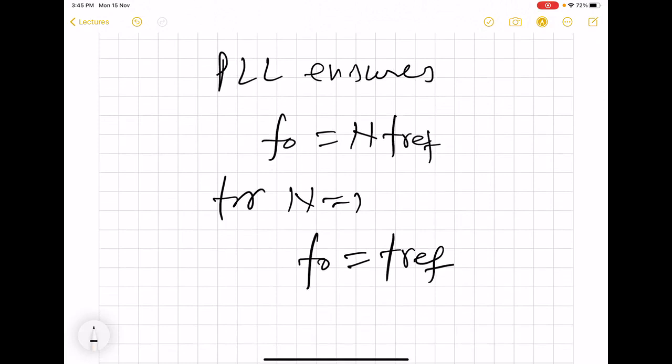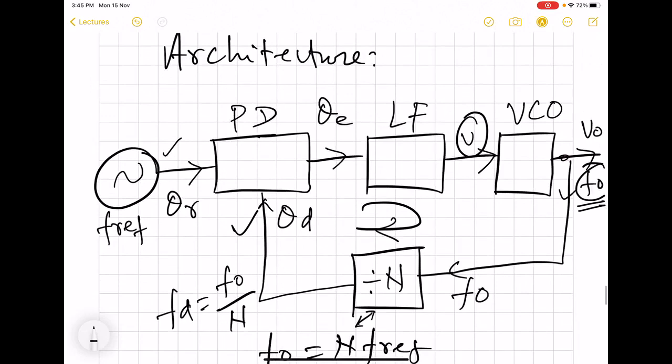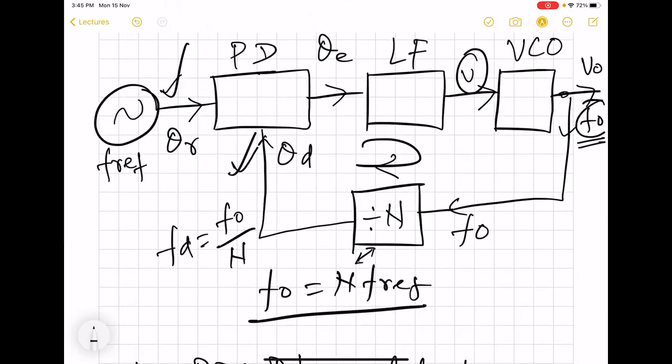So we have a circuit, a loop, which functions on phase. Here you can see that it processes the phase of two signals, reference and divider, and then it ensures that the output frequency has this relation with the reference frequency.